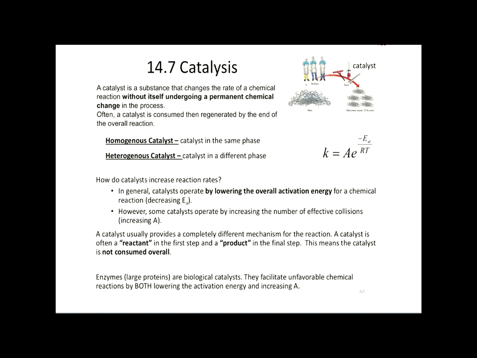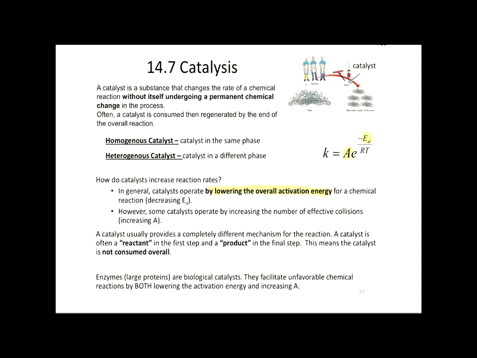And there's a couple factors that do it. Yeah, catalysts operate by lowering overall activation energy. All right, so what we'll see is that how a catalyst works is essentially it's changing your activation energy. That's how you increase k. Or some catalysts also increase your collision factor, your frequency factor.